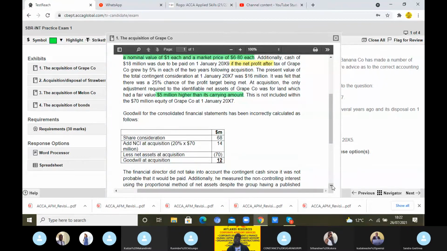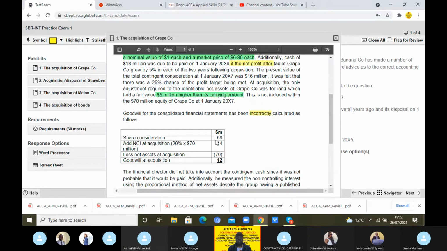Goodwill for the consolidated financial statements has been incorrectly calculated as follows. So the examiner is saying incorrectly; even if the examiner says calculated as follows, it does not always mean it's correct, it might be wrong. So here's how they calculated goodwill. They said consideration transferred, which was 10 million shares times $6.80, so that was 68.